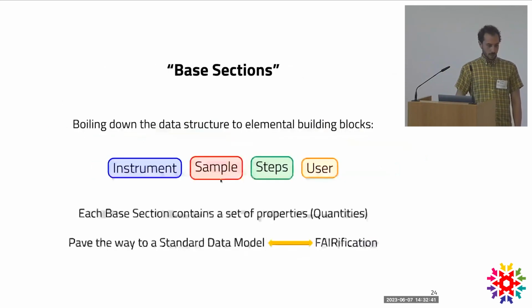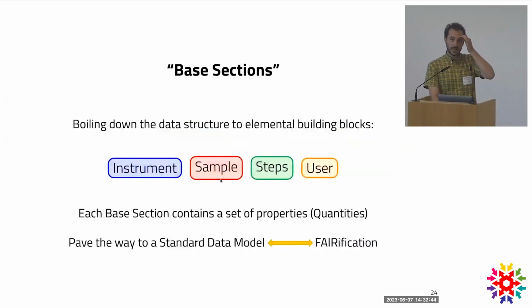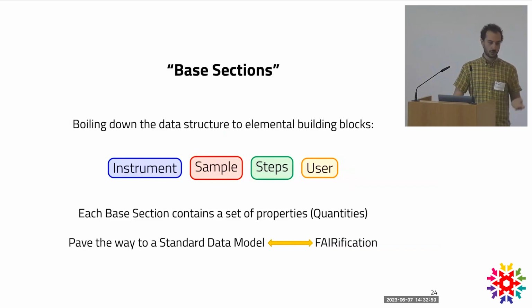What comes out of the design of a data model are common patterns across every use case that we find, and that we call base sections. The structure in NOMAD is basically object-oriented, so we develop classes containing the data from every part of the experiment.